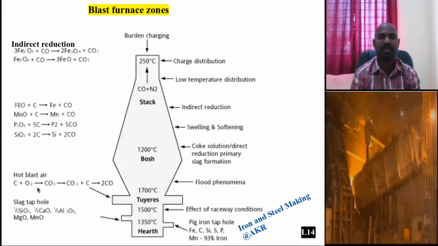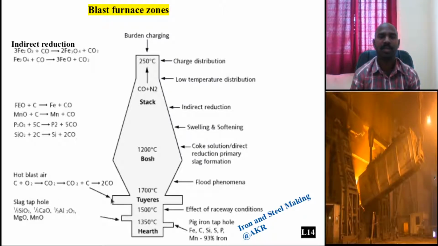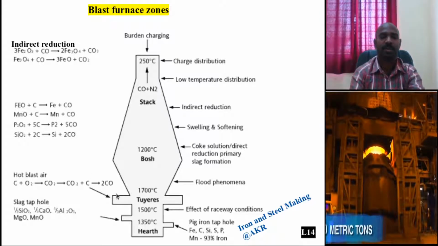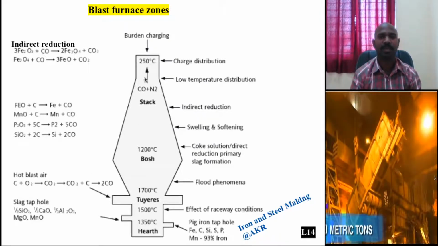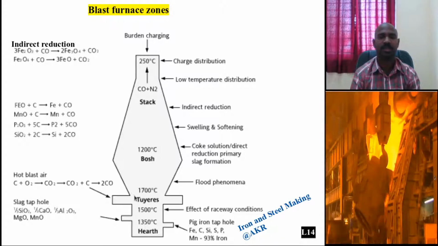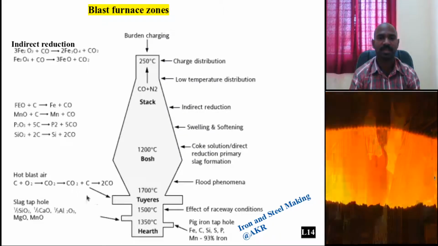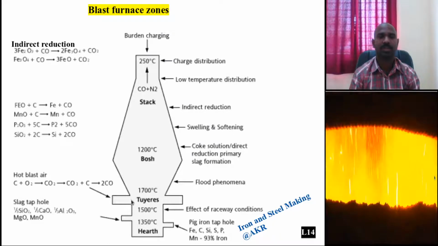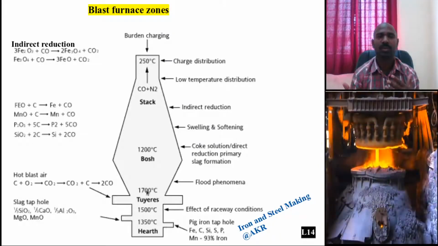You are sending the hot blast air, accompanied by burners, and the bottom layer is mainly wood scrap and coke. So as it is subjected to this location, slowly the burning starts.